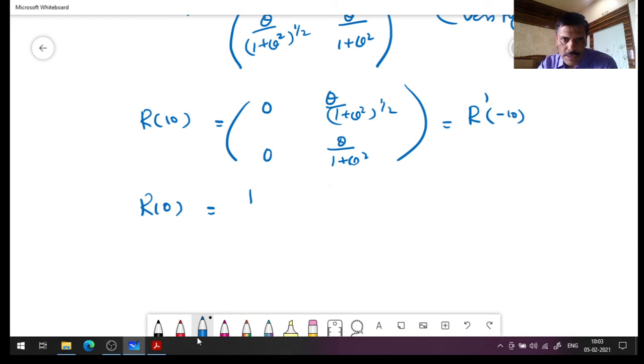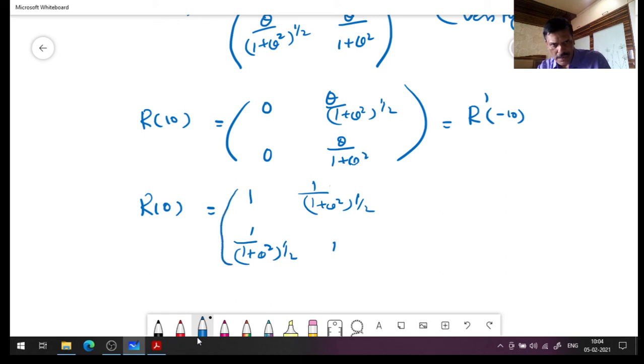Okay, so in this case, this is 1, and you get 1 by (1 plus theta square) to the power of 1 half, and here also you get 1 by (1 plus theta square) to the power of 1 half, and 1 here. So how do you get this?